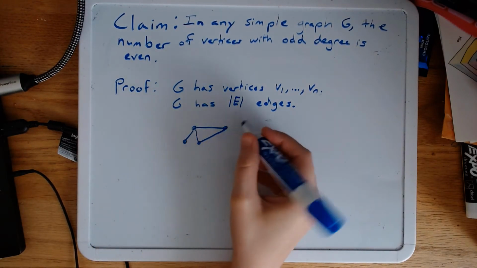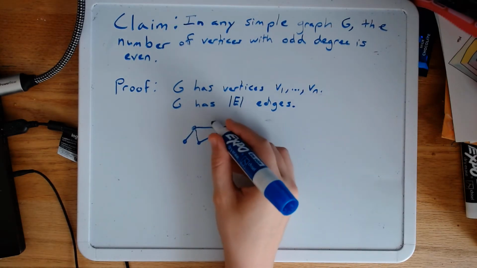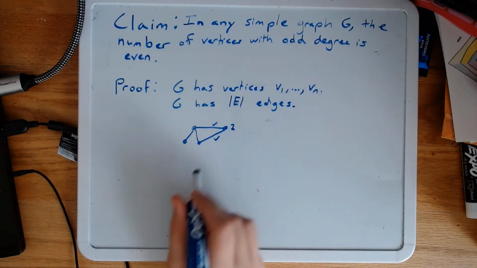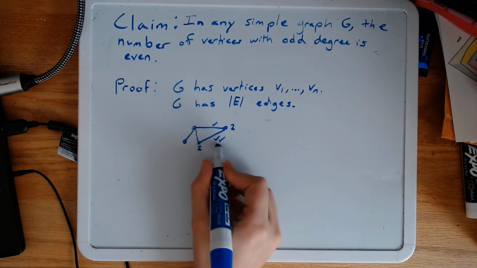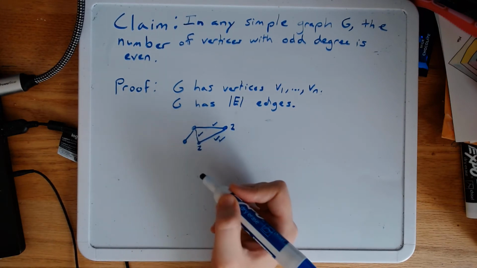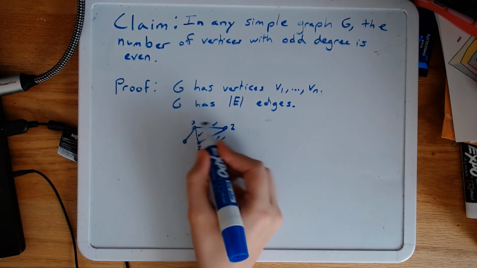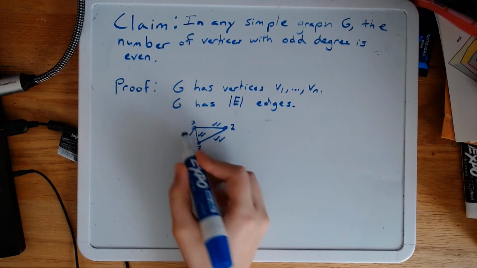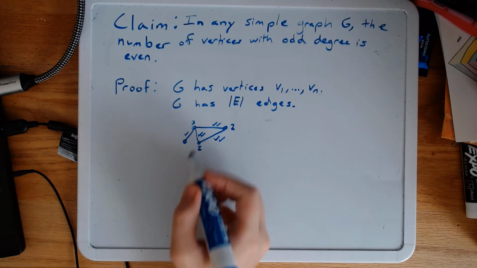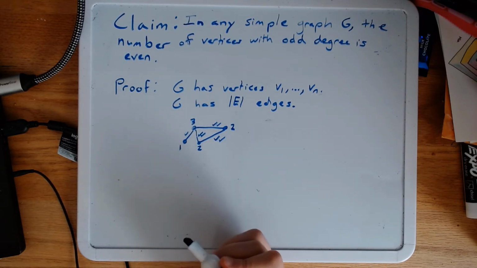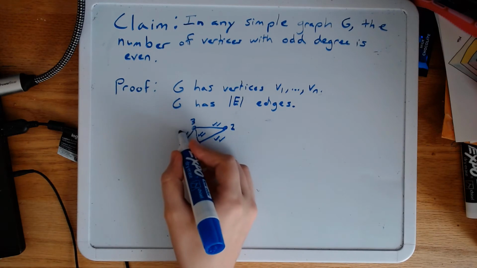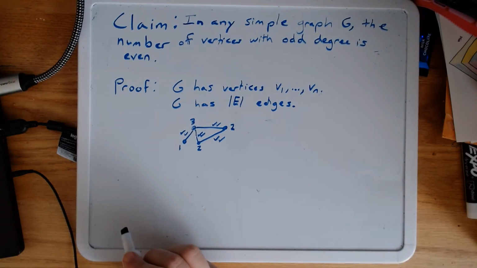Let's start up here. This vertex has degree 2. We've looked at this edge and this edge. This vertex also has degree 2, looking at this edge again, and this edge. This vertex has degree 3. We looked at these 2 edges for a second time, and this one for the first time. And then that vertex has degree 1, and we look at that edge a second time.